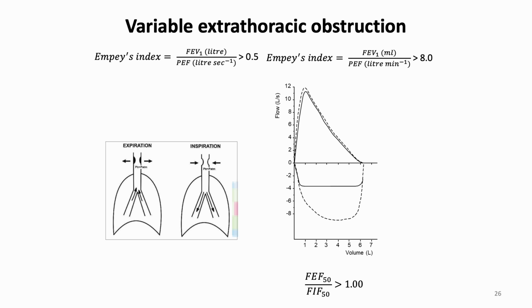And using those units, an Empey's index of more than 8 was found to indicate upper airway obstruction. At least in my unit, we usually report FEV1 in liters and peak expiratory flow in liters per second. And if those units are used, the value becomes 0.5. So an Empey's index of more than 0.5 indicates upper airway obstruction.